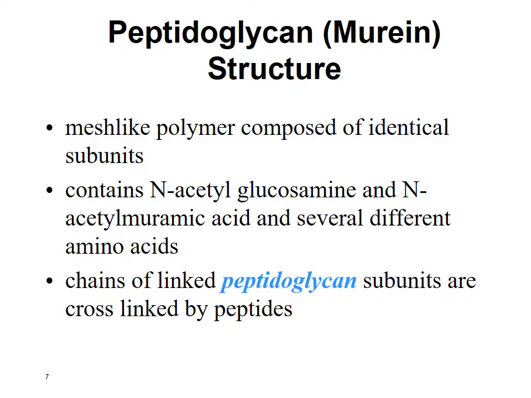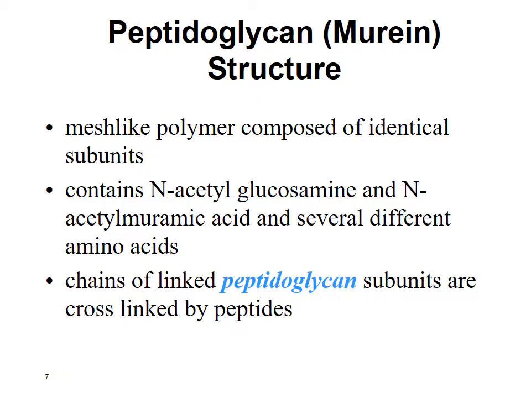Now let's take a closer look at the structure of peptidoglycan, also known as murein. Peptidoglycan is a polymer, a mesh-like polymer which contains many identical subunits. Each of these subunits contains two sugar derivatives and several different amino acids. The first of the two sugar derivatives is called N-acetylglucosamine.